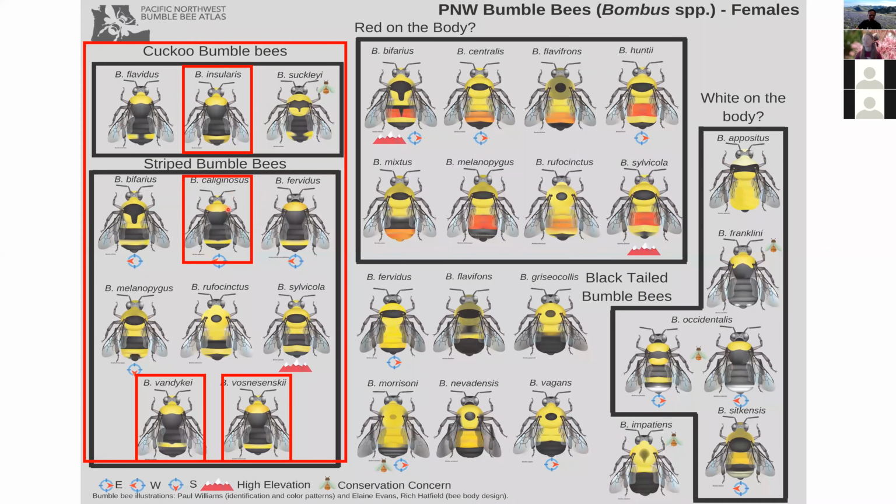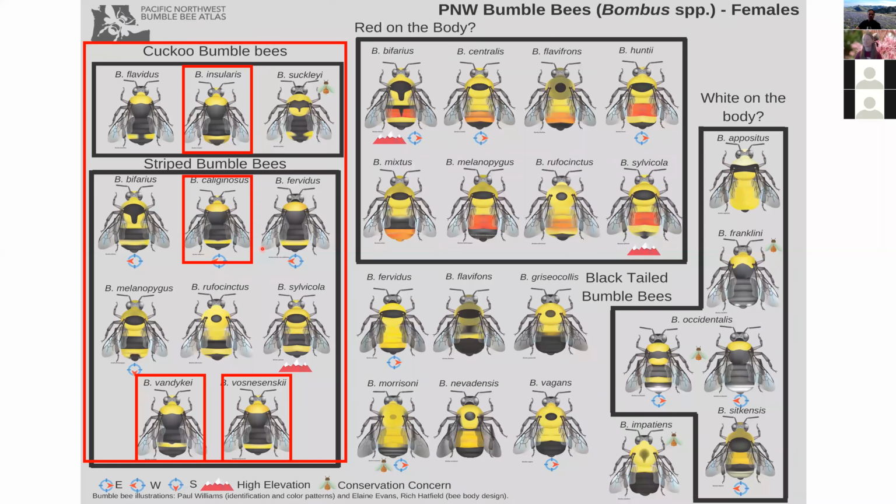Well, the main way, and this is one of the main reasons in that flow chart at the beginning of the presentation, I told you that before you start trying to identify a species, you want to determine whether it's a cuckoo bumblebee or a true bumblebee. So that's the best way to eliminate Bombus insularis. If you've looked at that hind leg and you know that it's a cuckoo bumblebee, then you're not going to confuse it with these other three.